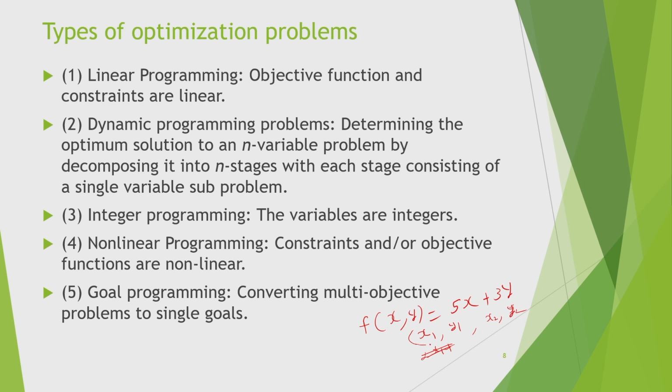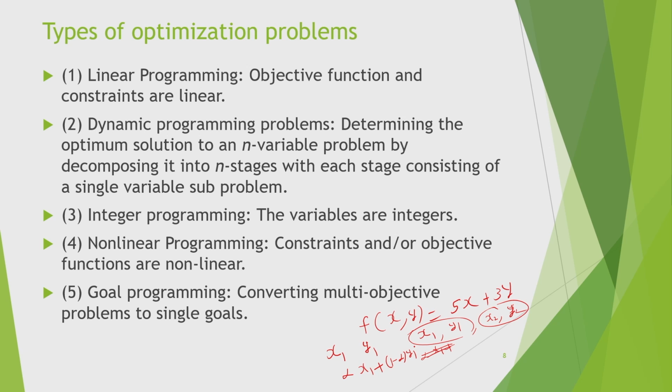Let us say one solution is x1 and another solution is y1, then alpha times x1 plus (1 minus alpha) times y1, where alpha is between 0 and 1, is also a solution. So they have certain properties.